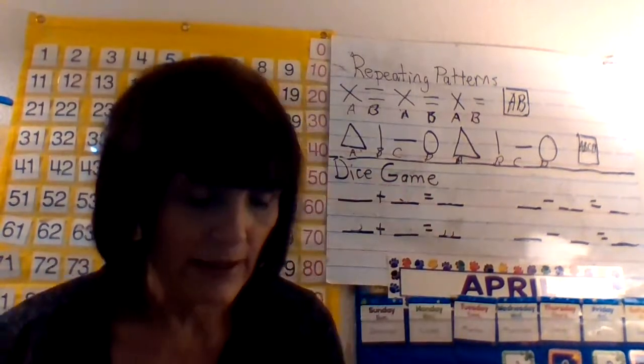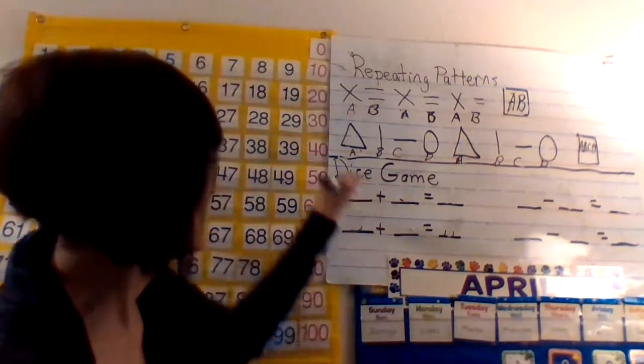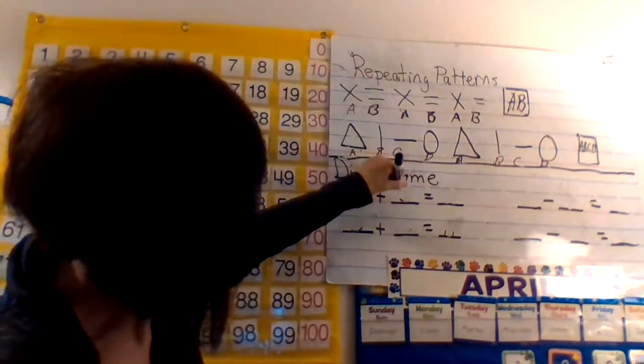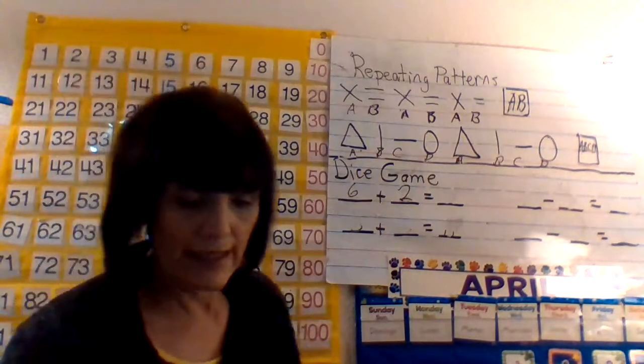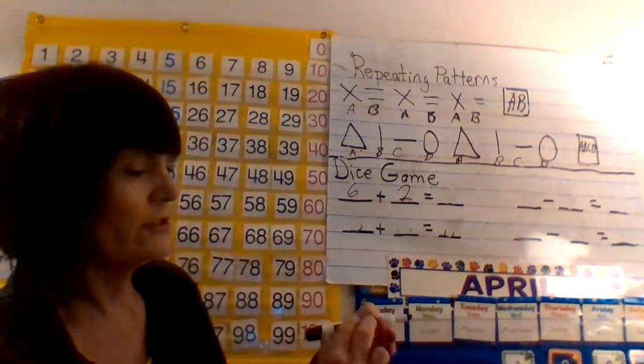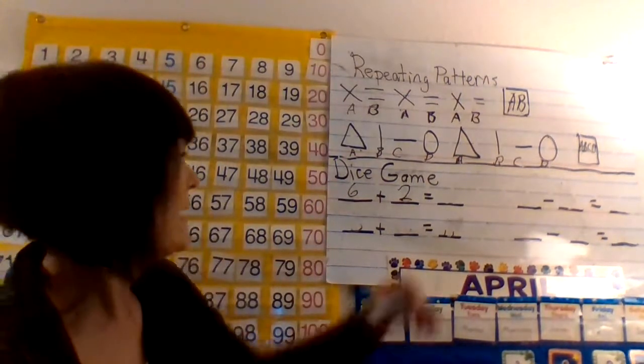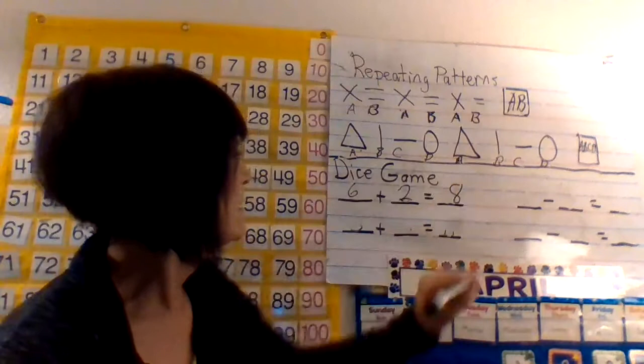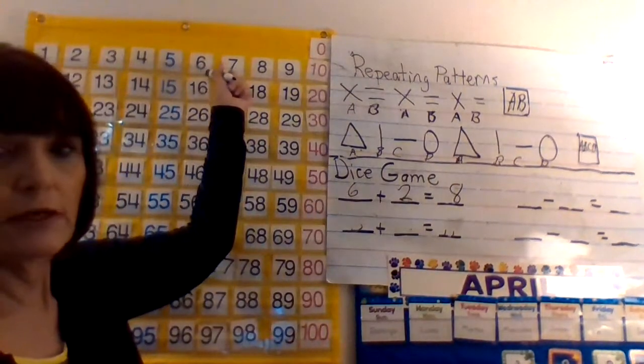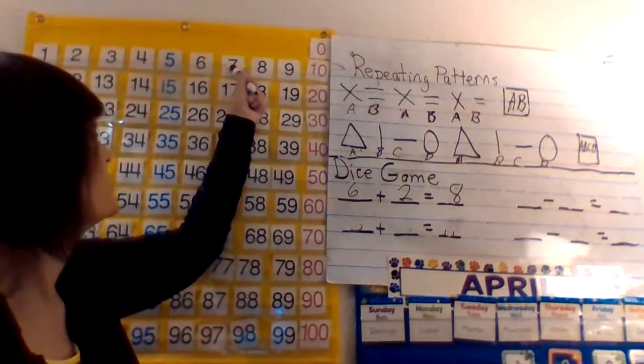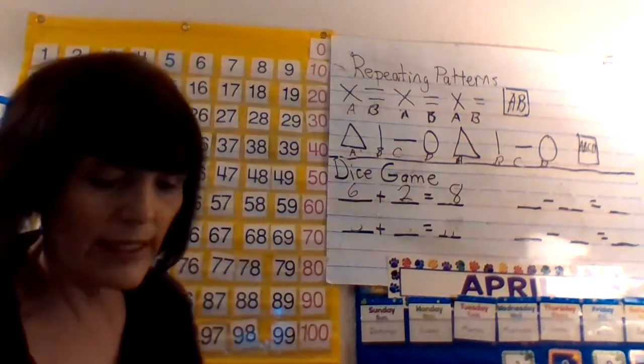I'm going to write that number equation or number sentence right here. 6 plus 2. What does that equal? I'll count the dots. 2, 4, 6, 8. That equals 8. I could do that on my number grid or my number line. 6 plus 2 equals 8.